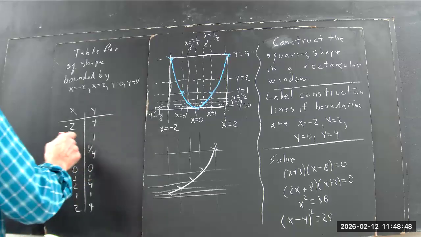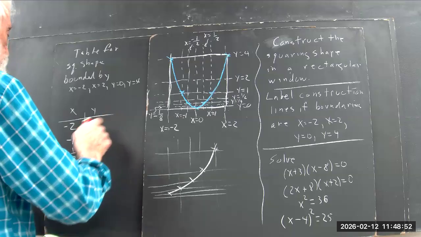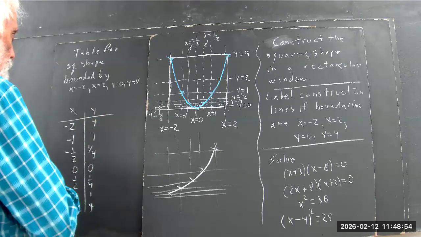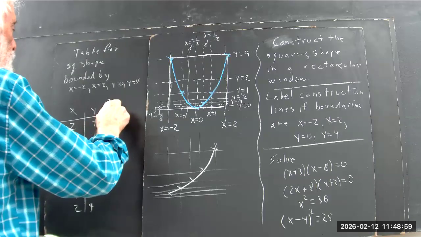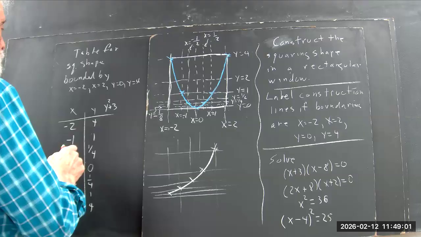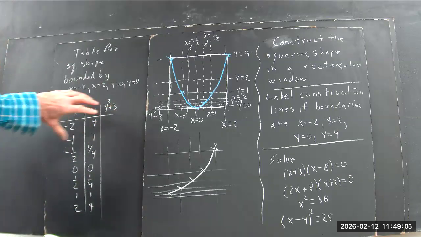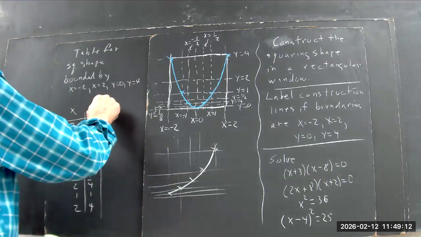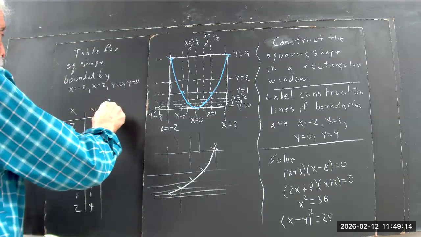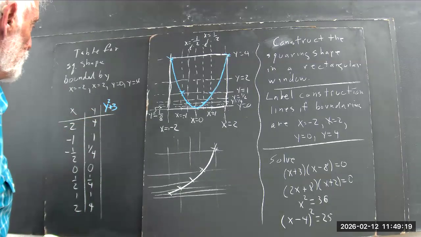Now I'm adding something to the table, so I'm going to do it in a different color. This is y squared plus 3.